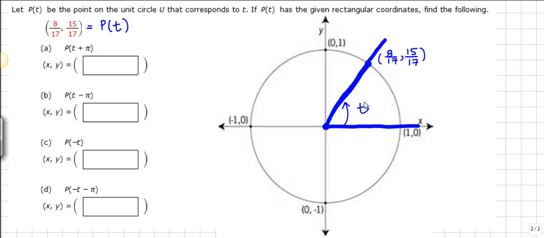Now if I want to measure the angle that is literally t plus pi, and we understand that pi equals 180 degrees, then we want to do half a rotation around from t. That would project us back here.